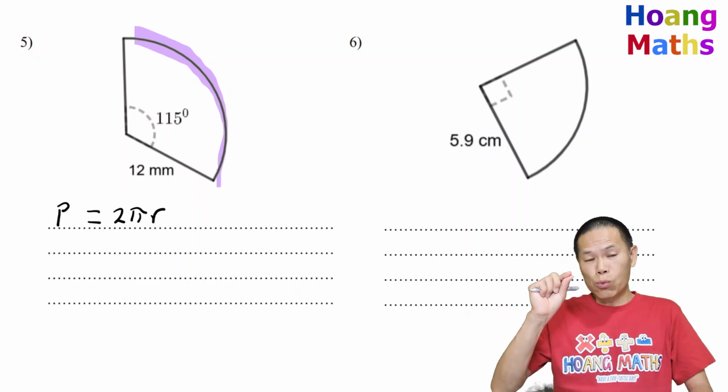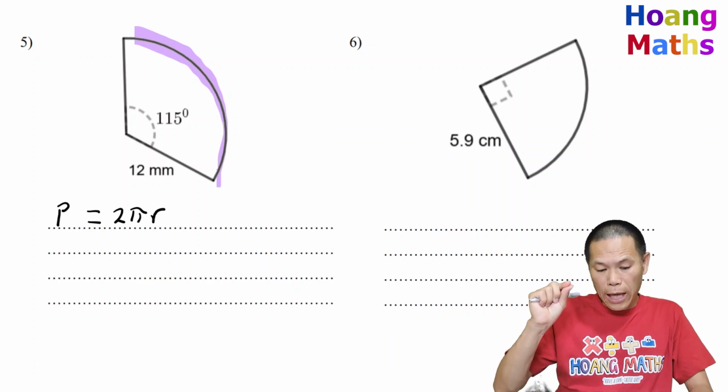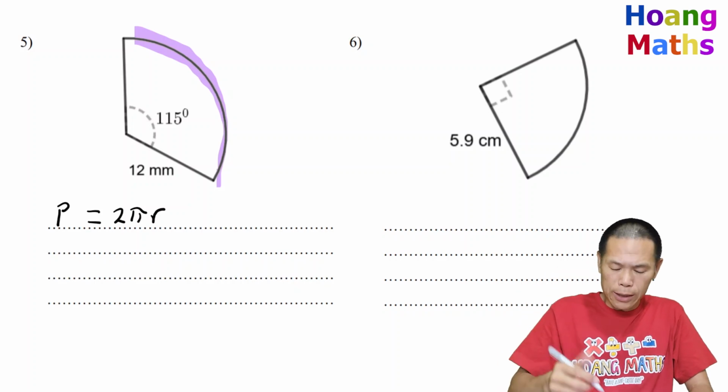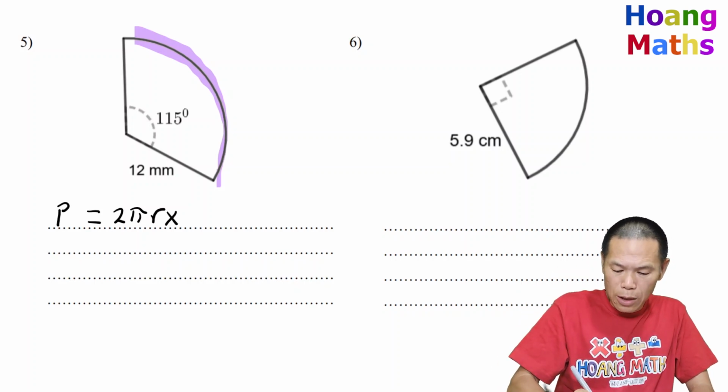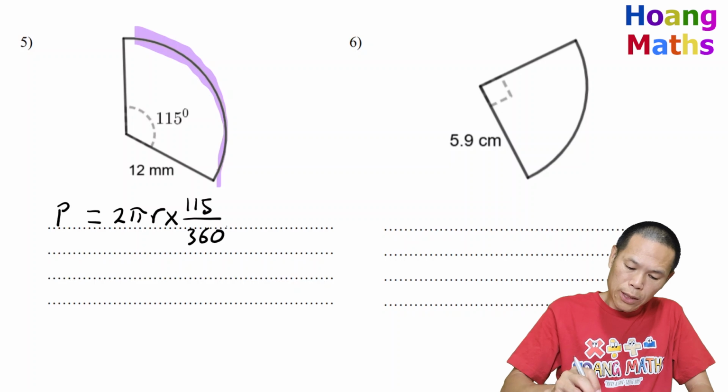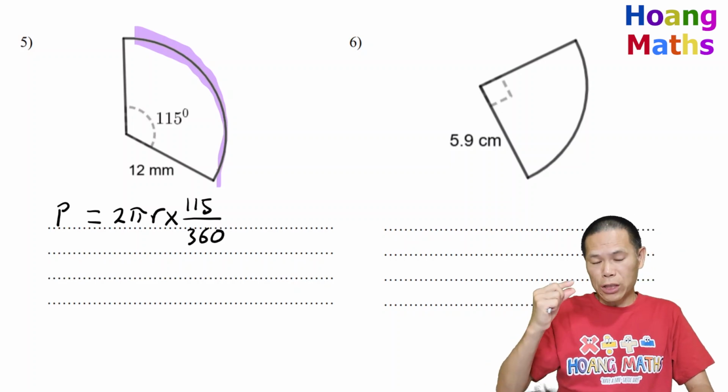But then we just need to work out one part of it, so that is 115 degrees out of 360. So times 115 degrees out of 360 degrees, if you wish, but we don't need to put the degrees. We just need to work out the fractions, okay?